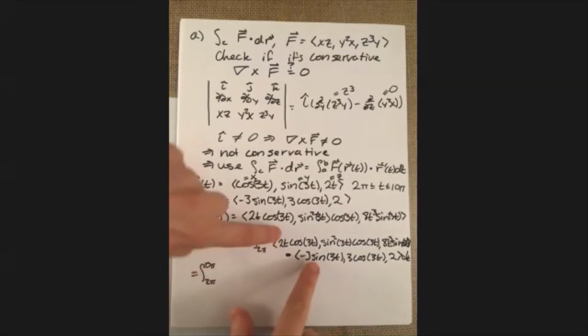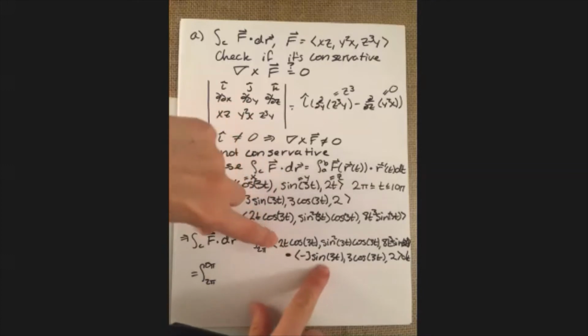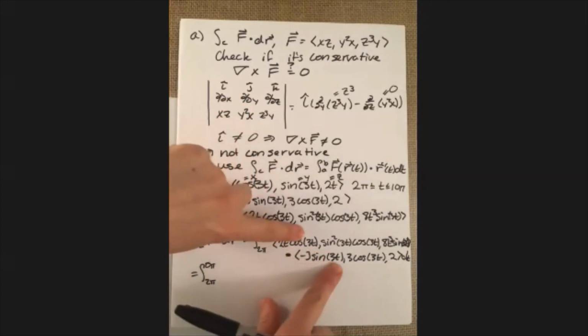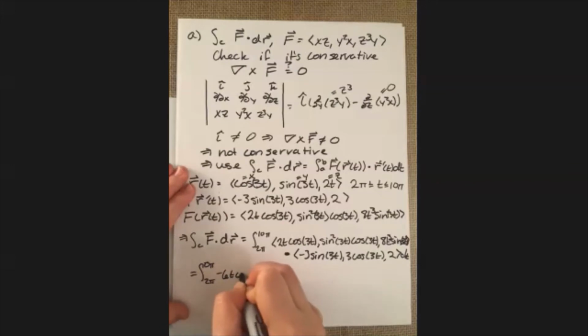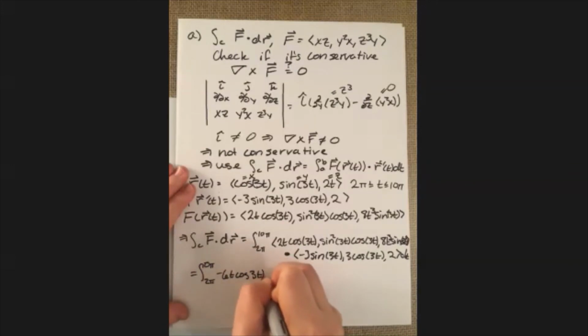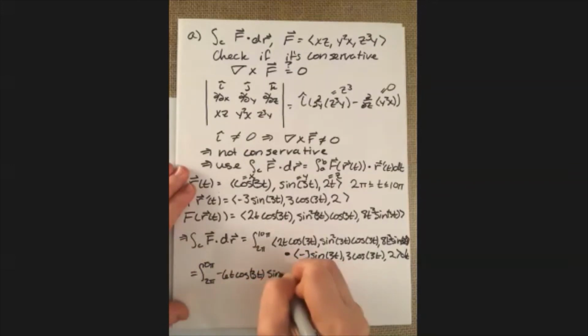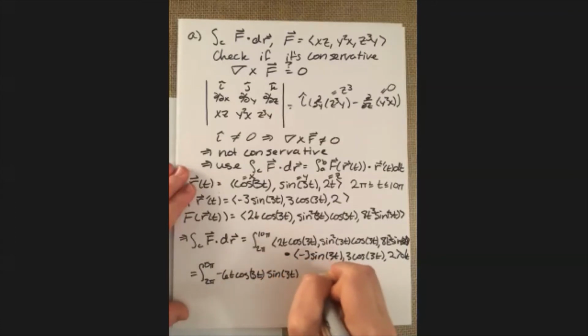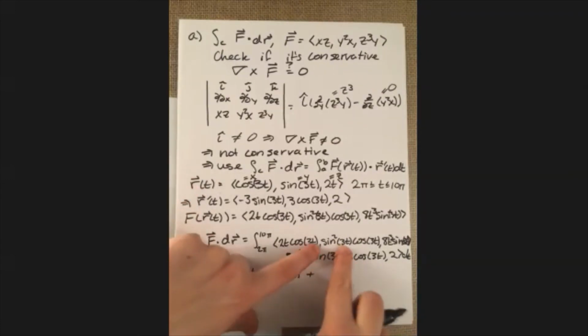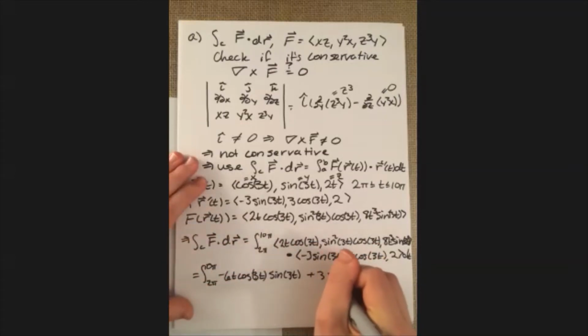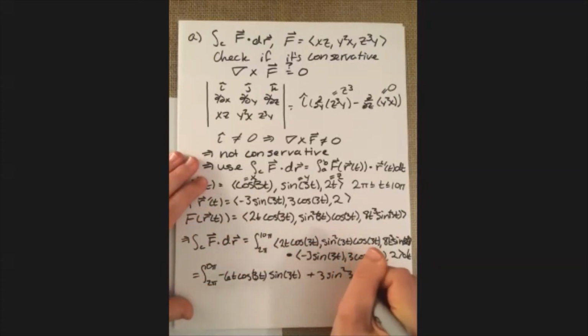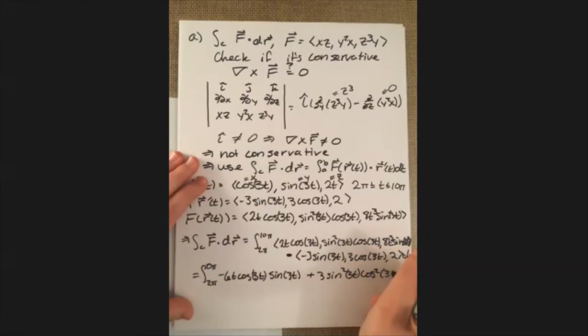So I just got to match my components up. I've got cosine 3t times negative sine 3t, so I'm going to get negative 6t cosine of 3t times sine of 3t. And then plus sine squared 3t times, it looks like we'll get 3 sine squared 3t times cosine squared 3t.